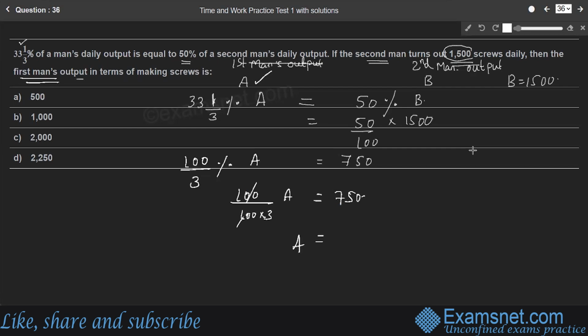Therefore, the value of A is equal to 750 into 3. So you will get 2250. So the output of the first person is 2250 screws. Therefore, option D is the right answer.